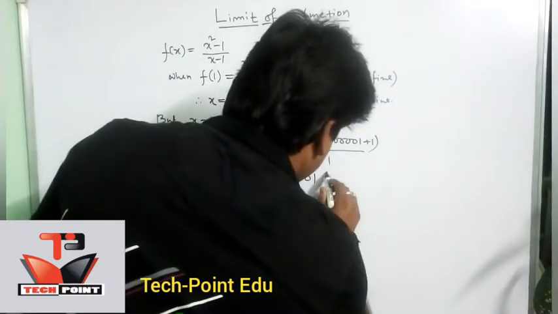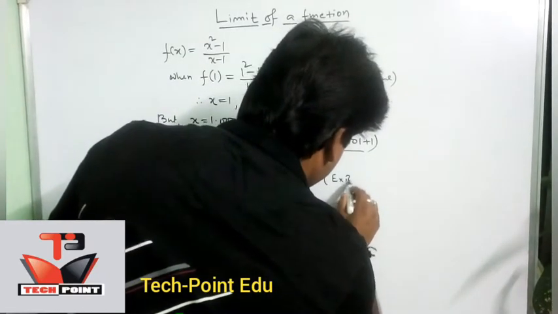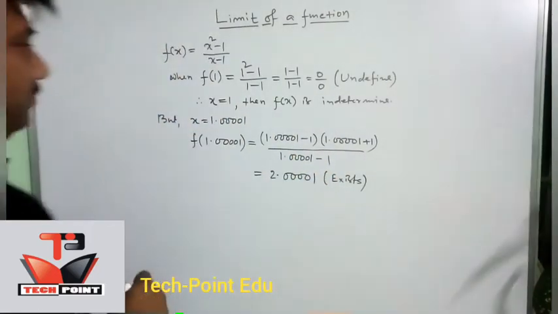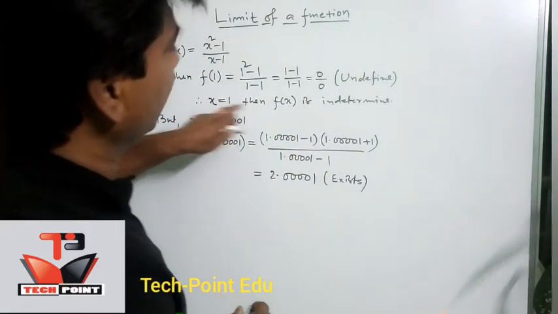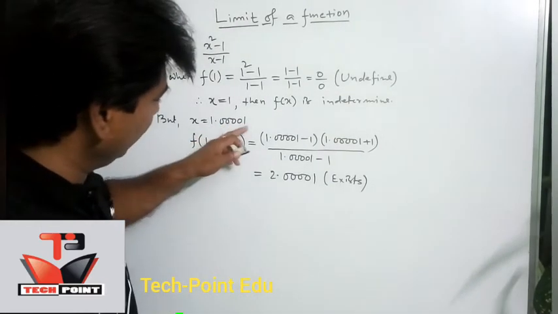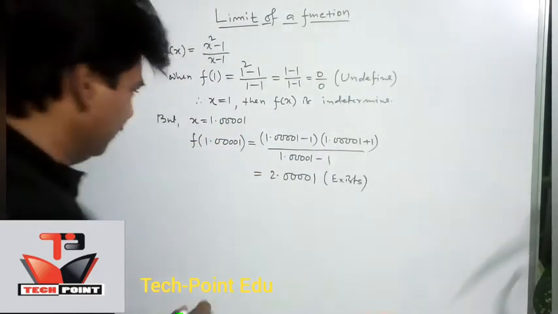That means the value exists. At x is equal to 1, the value is indeterminate, but when I am taking x is equal to 1.00001, at that time I am getting a value.